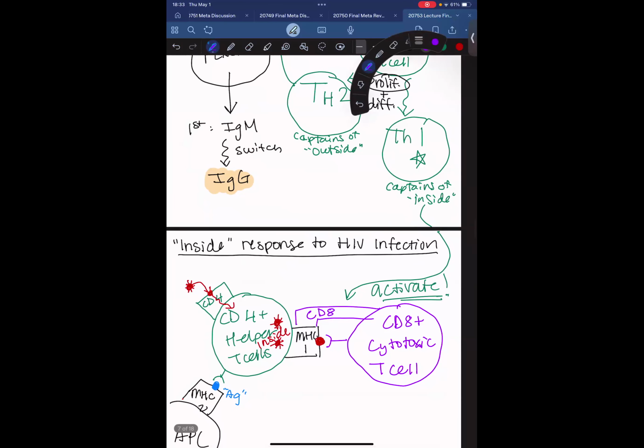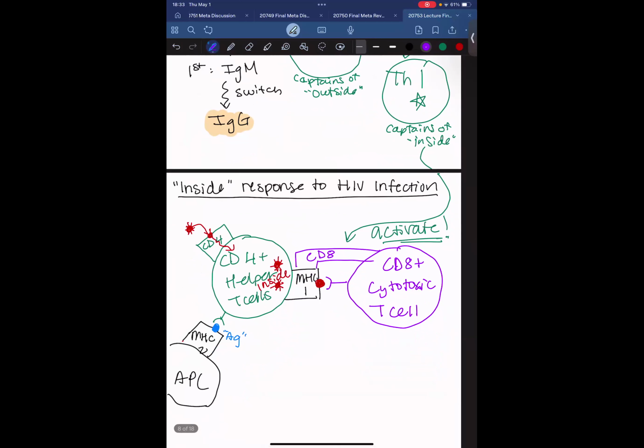Now, our CD8 positive T cell will be able to make granzymes and perforins to kill our infected cell, which happens to be a CD4 positive T cell. And any CD4 positive T cell that gets infected with HIV will call out for help on MHC1, and then these guys can now go and kill them with their granzymes and their perforins.